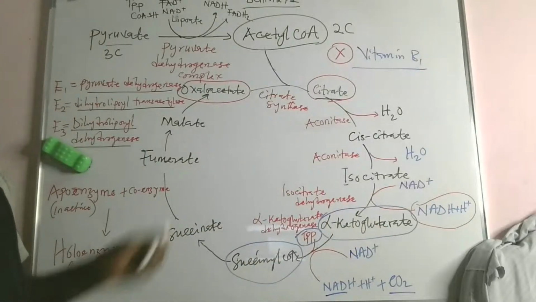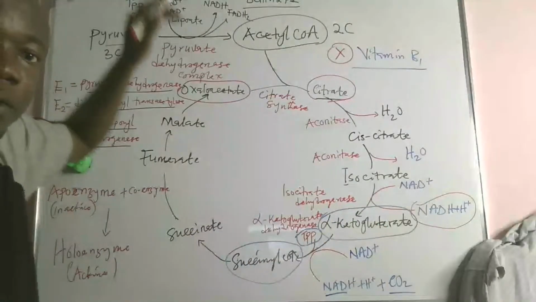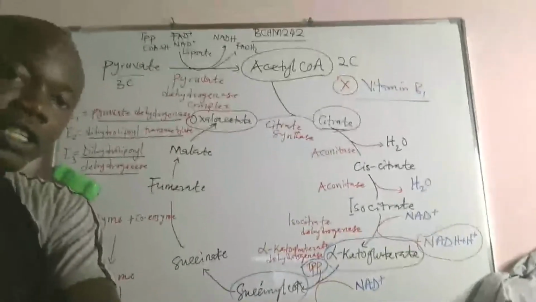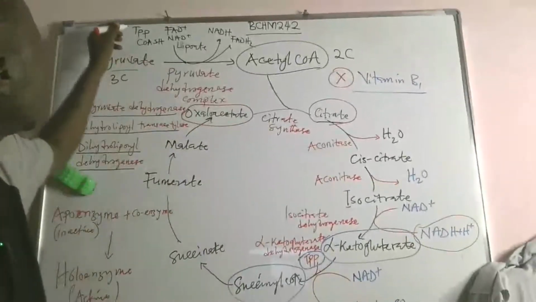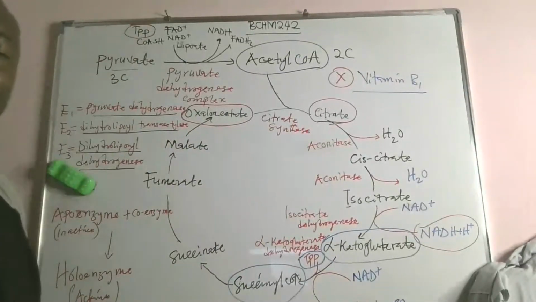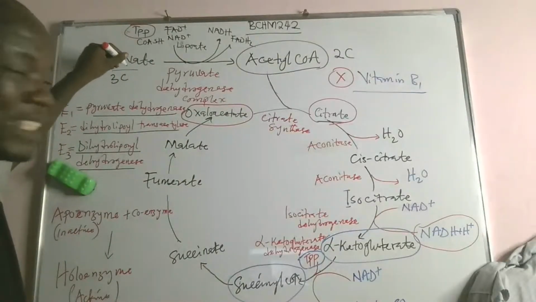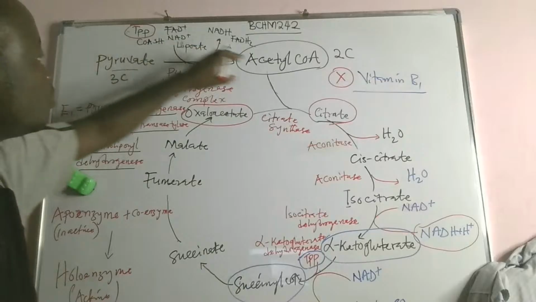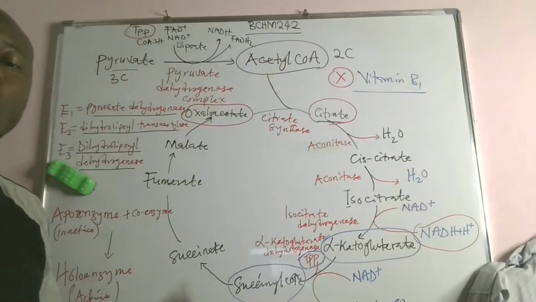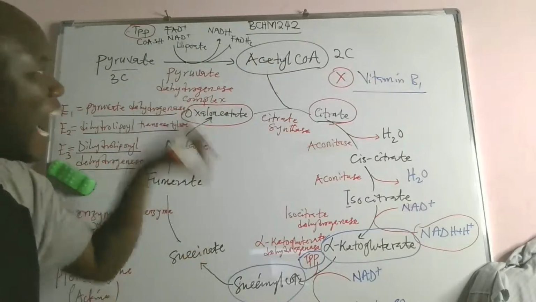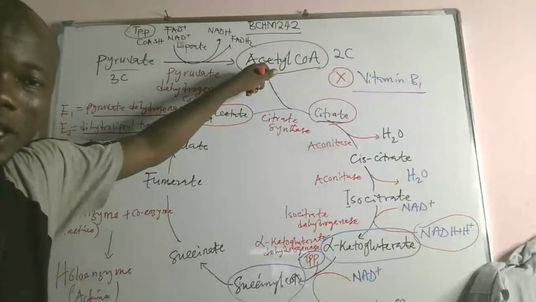In fact, if you can see from the very first step, ladies and gentlemen, look at it. In the first steps we also have TPP. So if there is no TPP, even at this stage the pyruvate cannot be converted into acetyl-CoA, although there are other sources of acetyl-CoA.